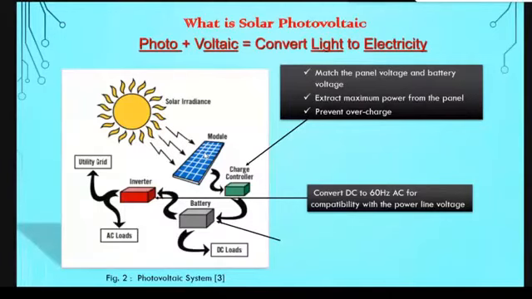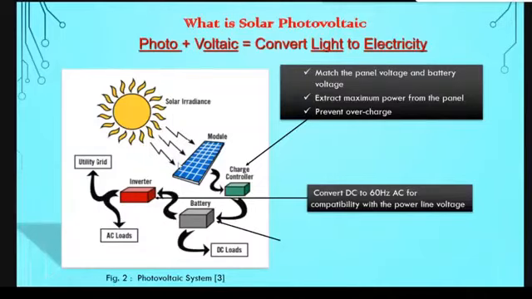When solar energy or light energy is incident on the photovoltaic, or solar cell, there is a generation of electron-hole pairs inside the solar cell, and they start to move through the outside circuit, constituting a current that you can then utilize. This is the complete, fundamental concept of the solar photovoltaic system.